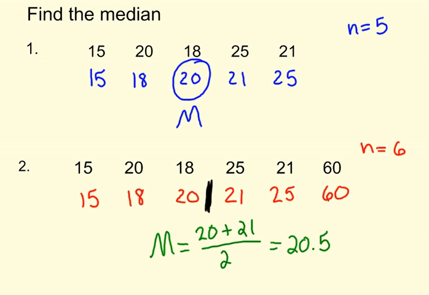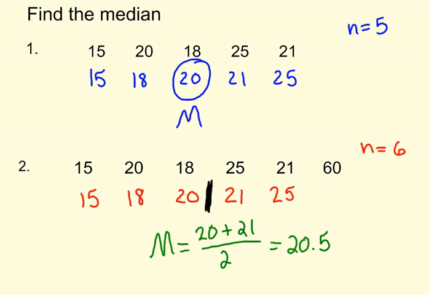Now, if you noticed in this data set, the maximum value was kind of an outlier, a very extreme value compared to the rest of the data. That number did not affect the middle of my distribution. In fact, if I had taken a value that was closer, maybe 28, my median is still 20.5.